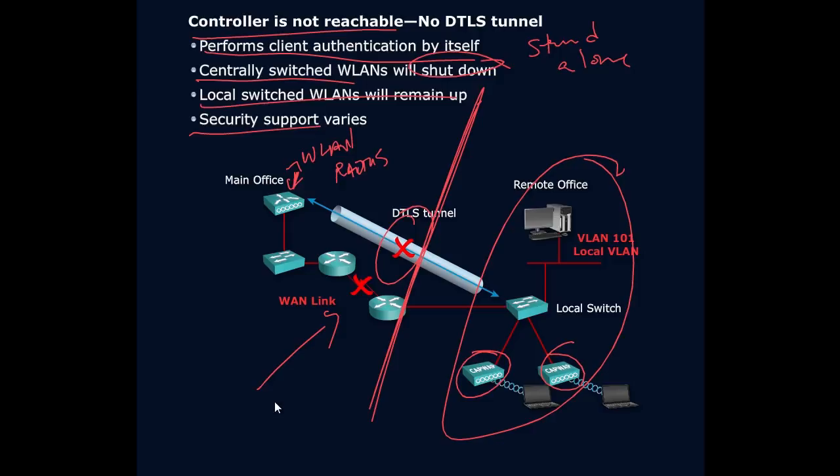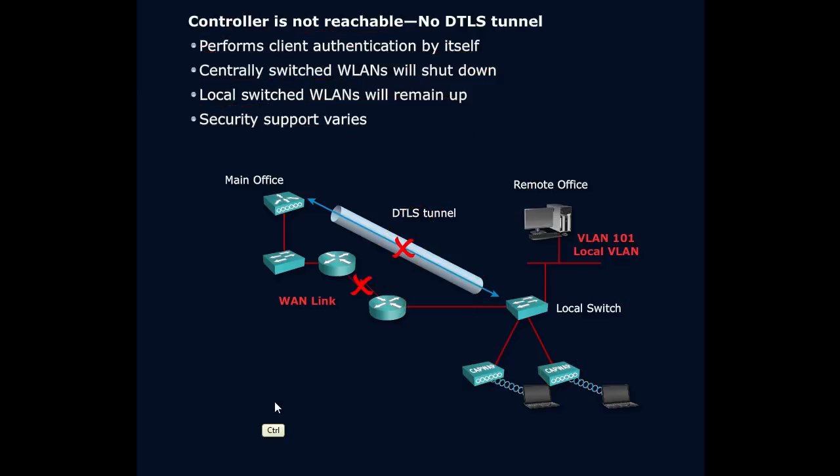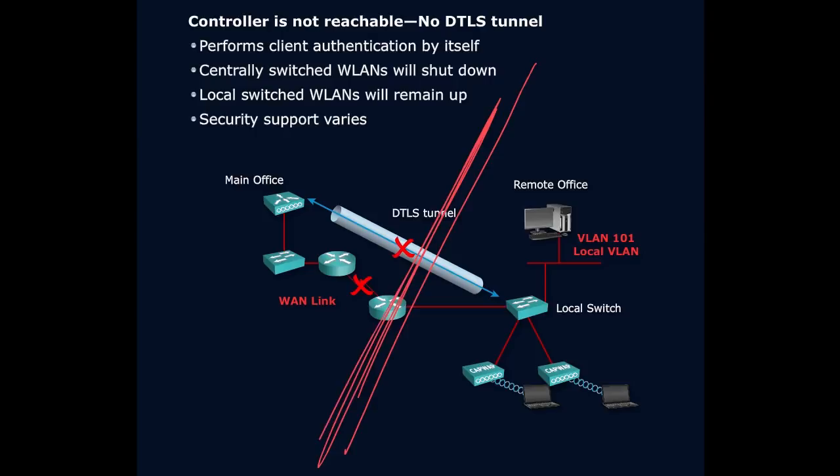Okay, so let's talk for a moment about a very specific scenario. Okay, so our wide area network goes down. Our local office is up. But let's say I have a Radius server. We're gonna bring up some specifics here so you understand what's going on. I have a Radius server, and we are locally switched.